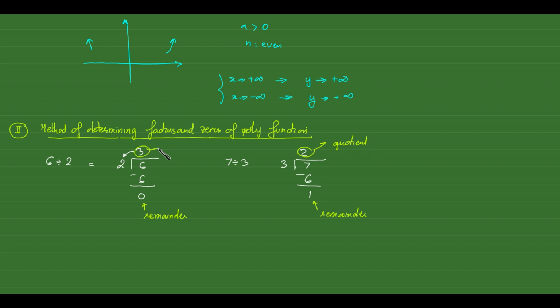That's the quotient. Then what are 6 and 7 here? We call that the dividend. Dividend, kind of a long time ago, right? And the number 3, what do we call it? It is the divisor.